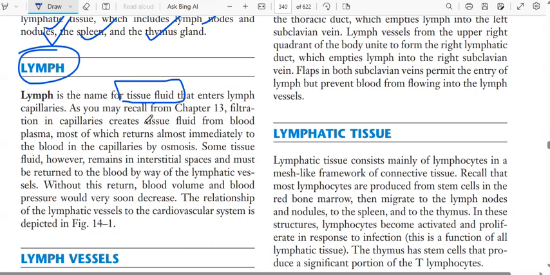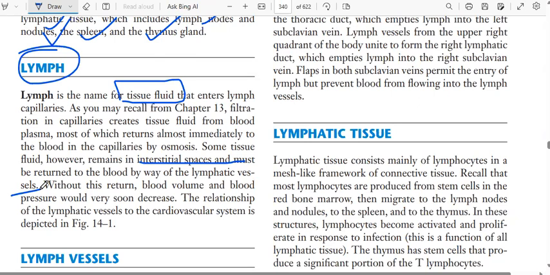Filtration in capillaries creates tissue fluid from blood plasma, most of which returns to the blood in the capillaries by osmosis. Some tissue fluid, however, remains in the interstitial space and must be returned to the blood by way of lymphatic vessels. So even though we have veins taking blood away from the tissue, some fluid remains.